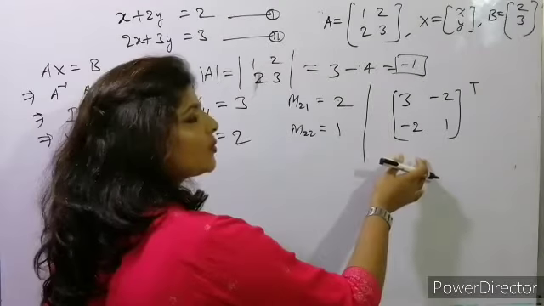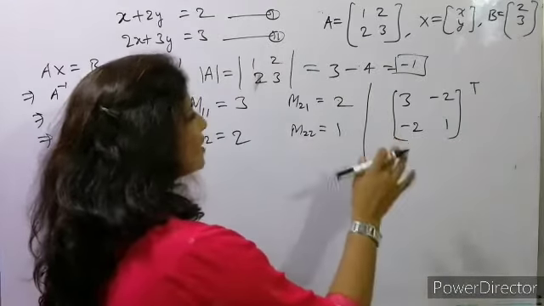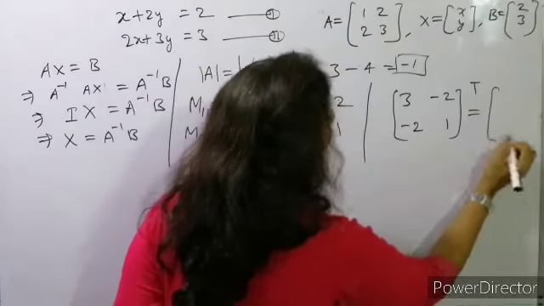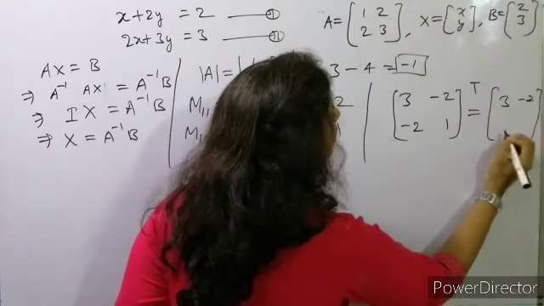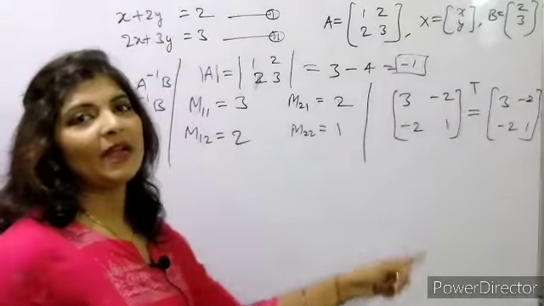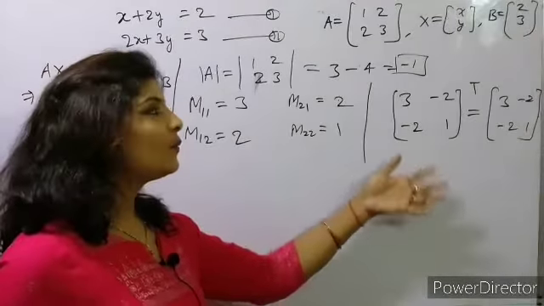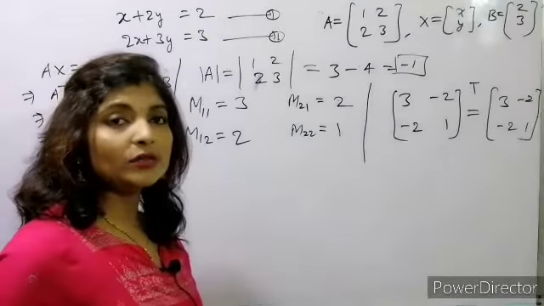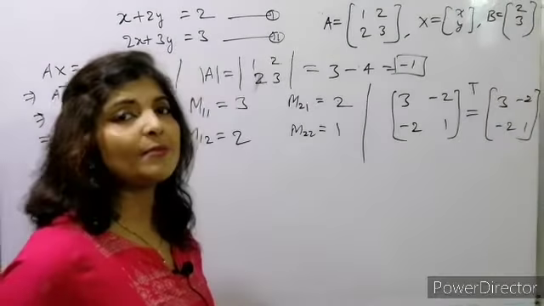So what we have to find out is the transpose of the matrix, and when we find the transpose, we get the same matrix, 3, minus 2, minus 2 and 1. So this matrix is a symmetric matrix. When we find the transpose of the matrix, we get the same matrix.